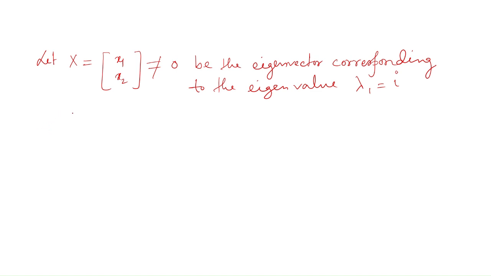Then we'll have Ax equal lambda 1 x, which is (A minus iI) x equal 0.